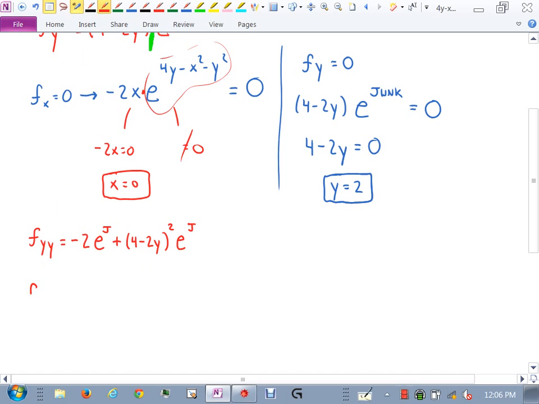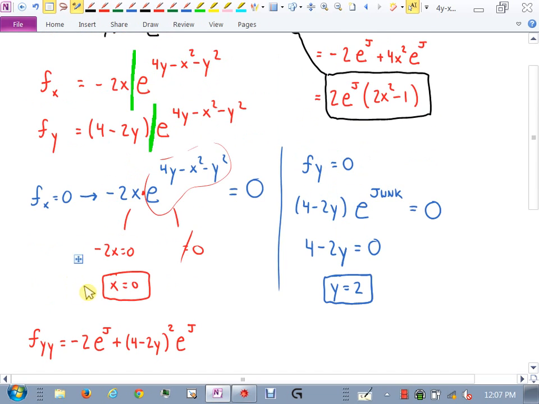All right, what about fxy? Going back up to this one, if I'm treating this derivative with respect to y, this negative 2x, like was said, is a constant, so I don't need to worry about it. What's the derivative of all this with respect to y? It's this, right here. And then just tack the negative 2x onto the front.